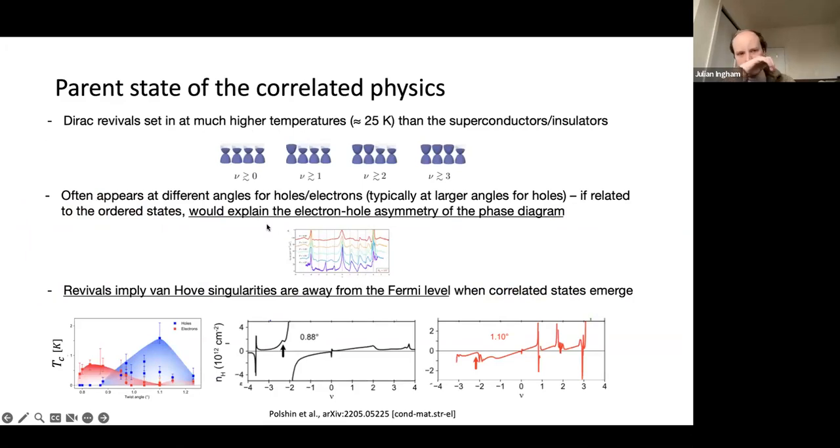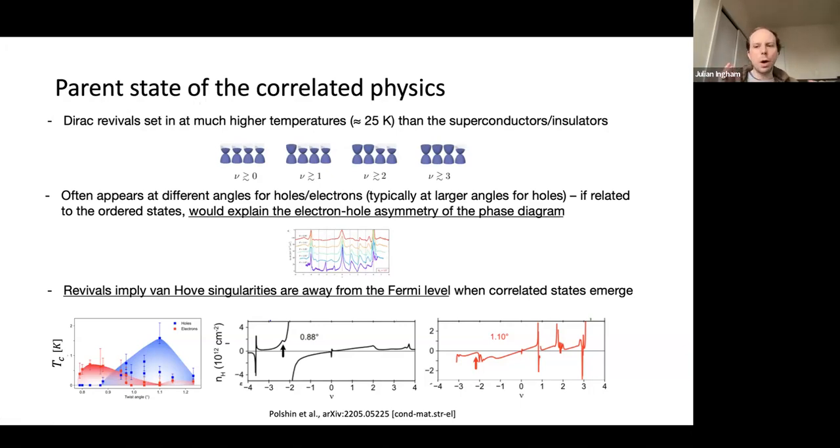Now, there are a couple of additional notes that I want to make about the consequences of these reset transitions. So the first comment is that these Dirac revivals start appearing at much higher temperatures than the correlated insulators and superconductors, somewhere around 25 Kelvin, whereas the superconductors and insulators are more on the order of 2 or 3 Kelvin.